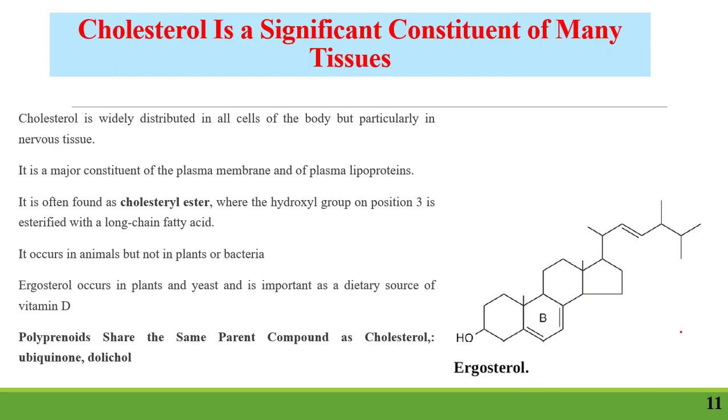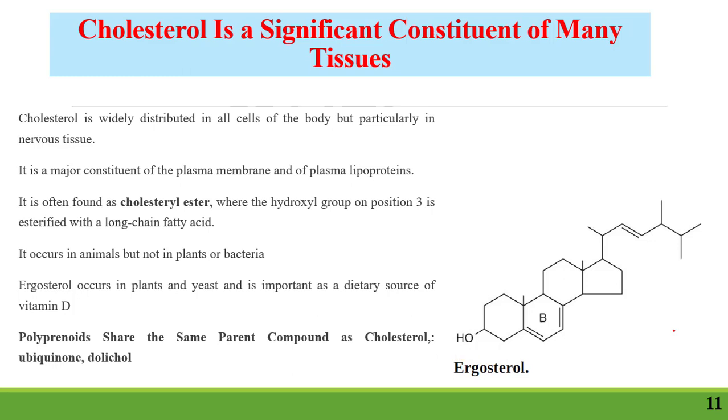Cholesterol is a significant constituent of many tissues and widely distributed in all cells of the body, especially in nervous tissue. It is a major constituent of the plasma membrane and the plasma lipoprotein, and it is often found as cholesterol ester, where the hydroxyl group on position 3 is esterified with a long-chain fatty acid.